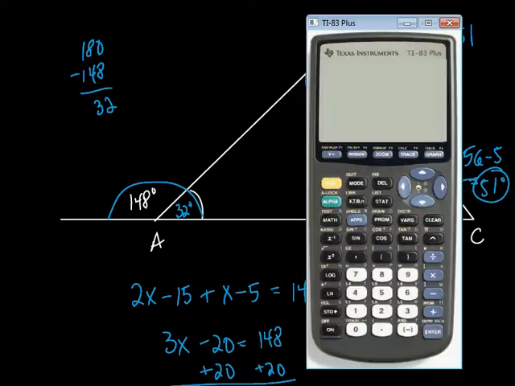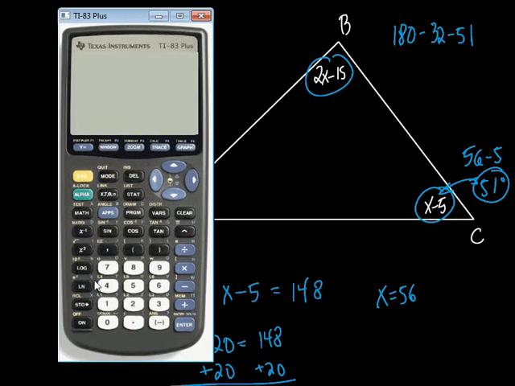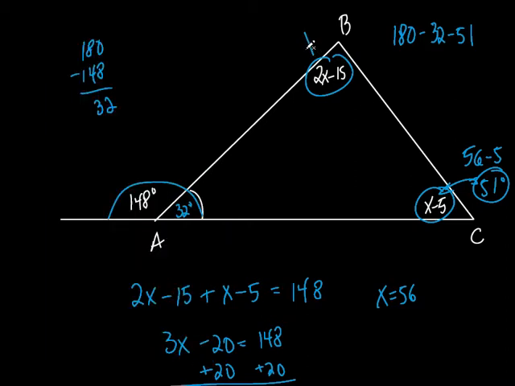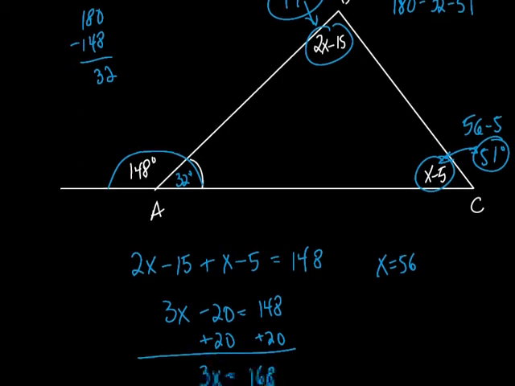To find B, you just take them away from 180. So I think that's the easiest way to do it. It's not the only way, but so it's 180 minus 32 minus 51. And that's 97. So that angle right there is 97 degrees. And there is your answer. Simple as that. We good? All right.